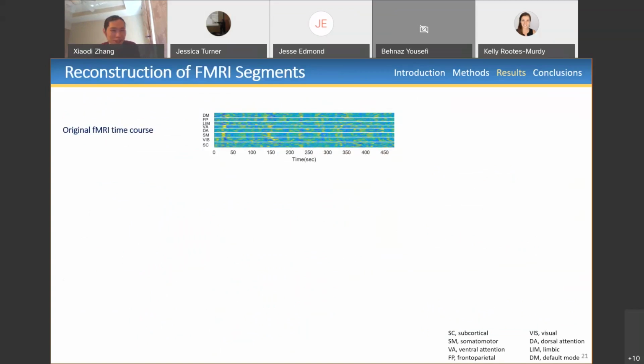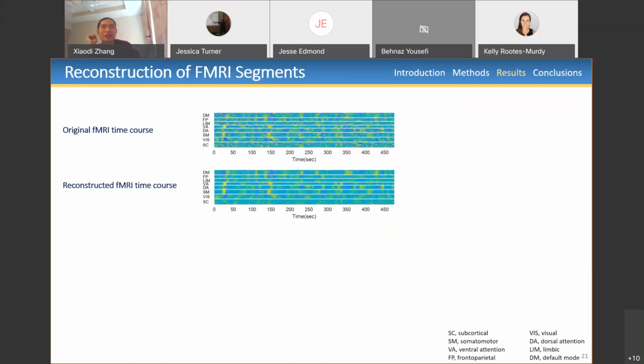They basically try to figure out a reconstruction. And I think it's very nice because you know how much information is lost during this process by comparing the reconstruction with the original. And as you can see, they're fairly similar to each other.